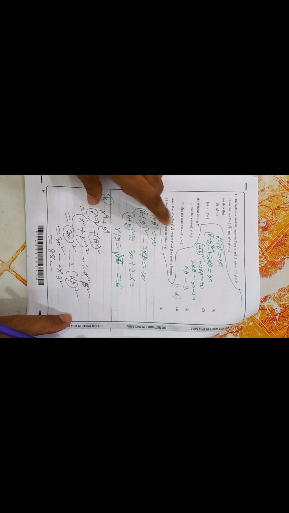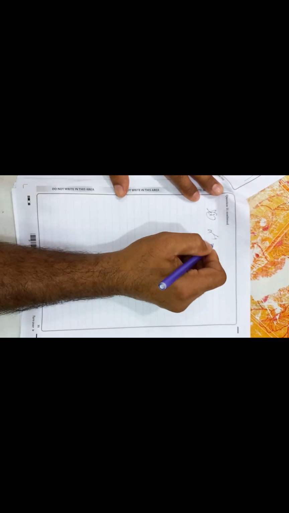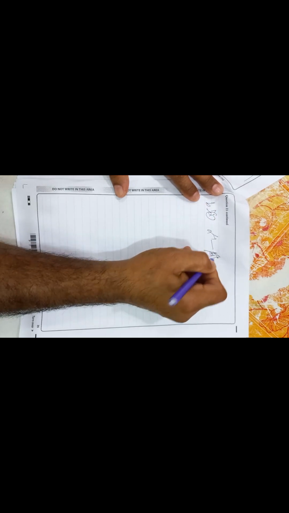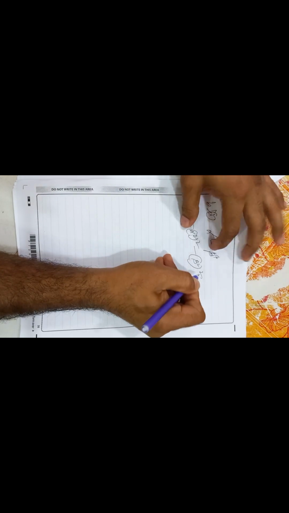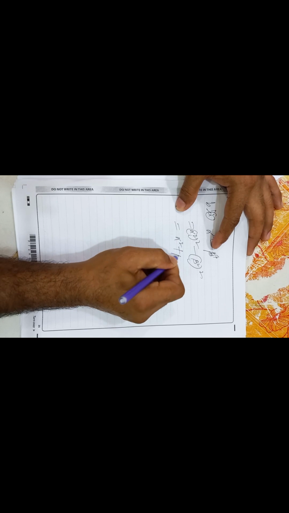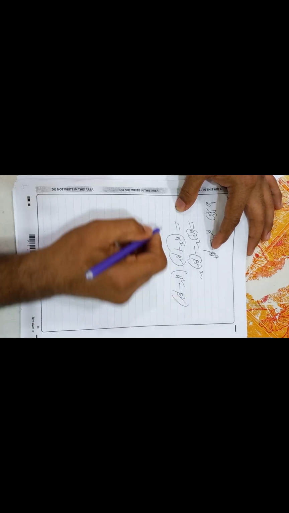Now another one, alpha 4 minus beta 4. So how to write alpha 4 minus beta 4? That is number 2 of b, alpha 4 minus beta 4. Same, this is alpha square whole square minus beta square whole square. A square minus b square is a plus b into a minus b. A is alpha square, b is beta square, so alpha square plus beta square into alpha square minus beta square.